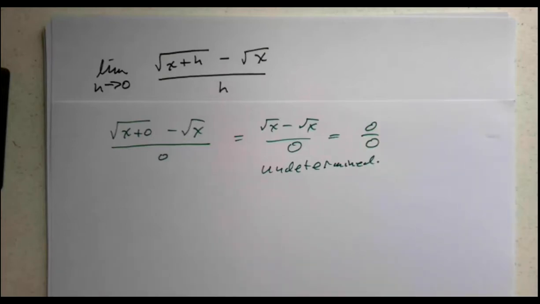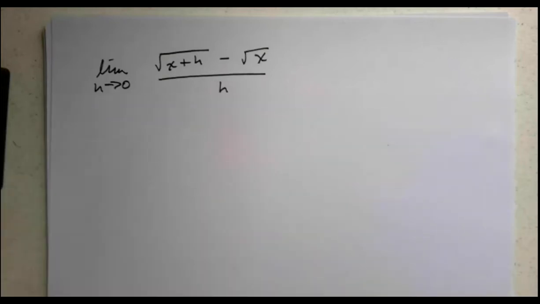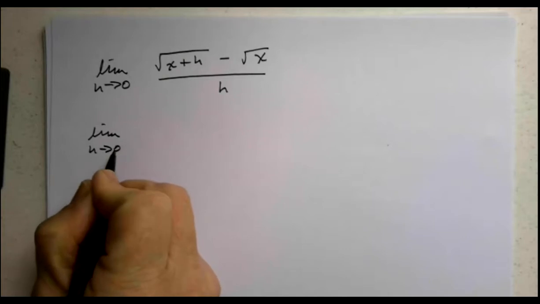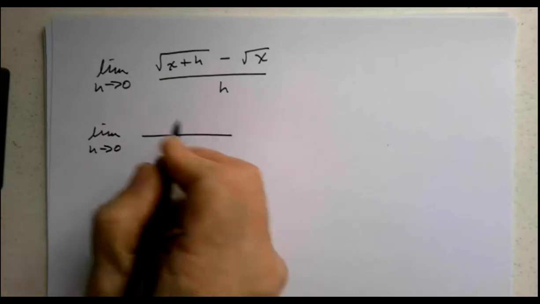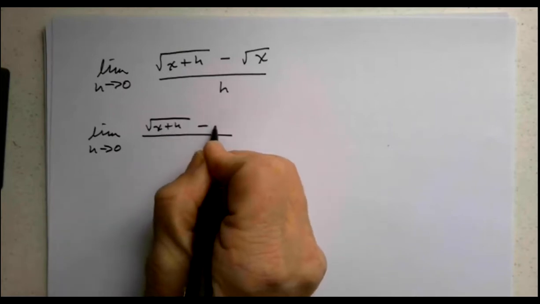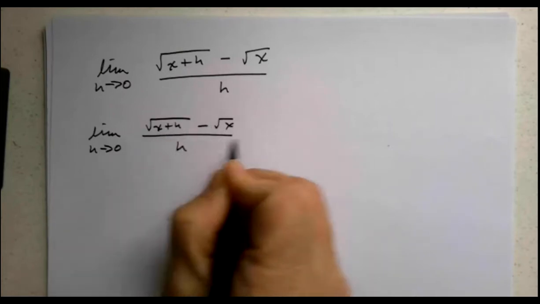So we're going to go ahead and actually do some analysis here. So let's take a look. We're going to rationalize the numerator again. Limit as h goes to 0, root x plus h minus root x over h.